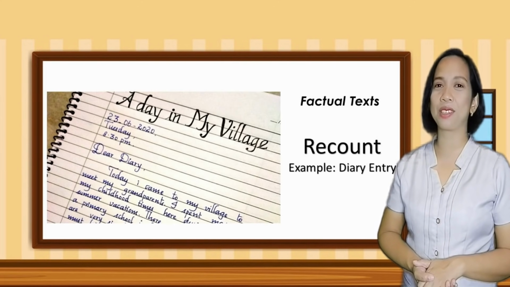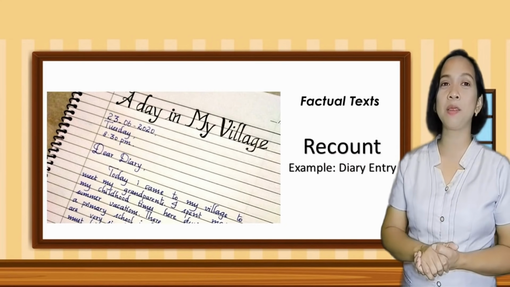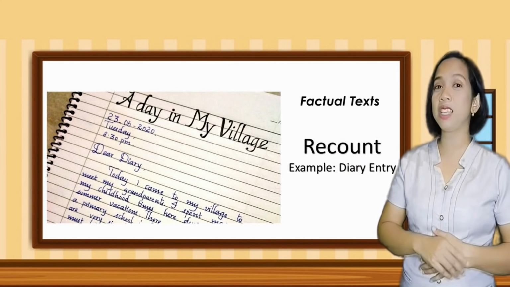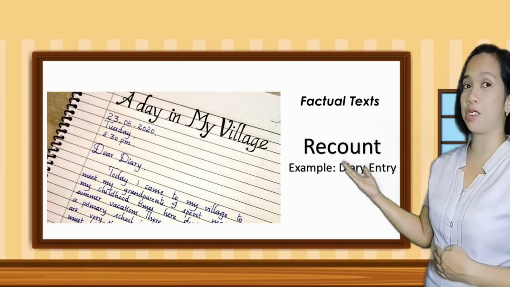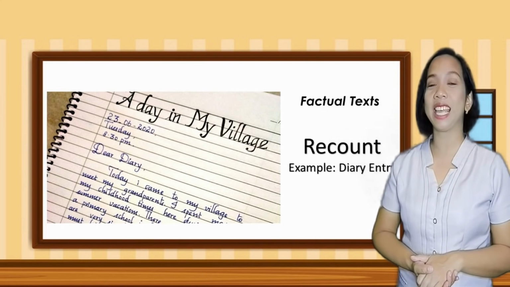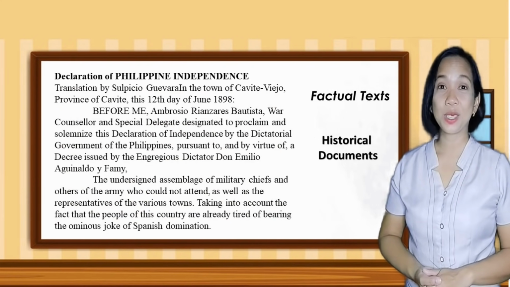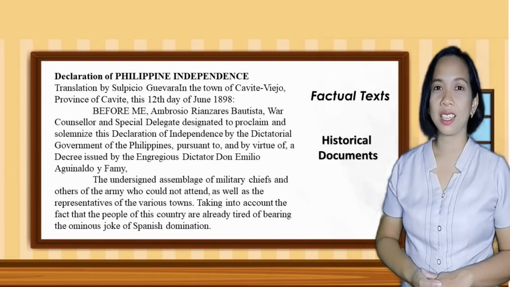Next, we have recount. The writer tells what happened in the past by recounting the series of events. We have here a diary entry wherein the writer shares her day in the village. Historical documents are also considered as factual text.